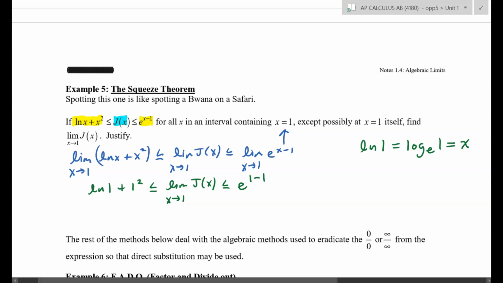So how do you convert this to an exponential? e to the x equals 1. So what power would x have to be for this to equal 1? It would have to be 0, right? Okay, so x would have to be 0, so this is equal to 0 plus 1.